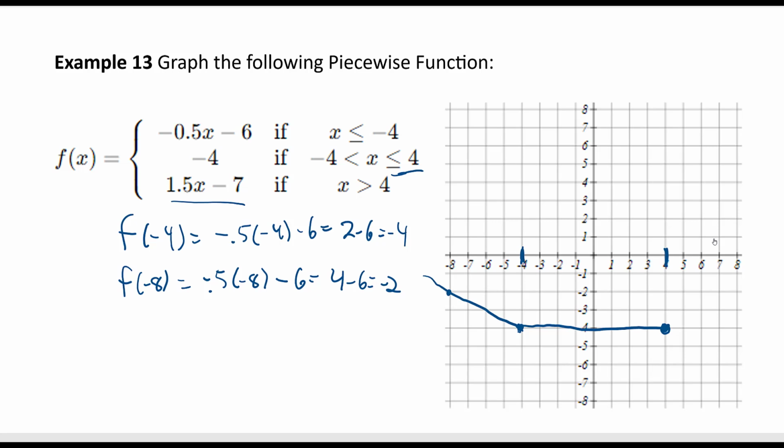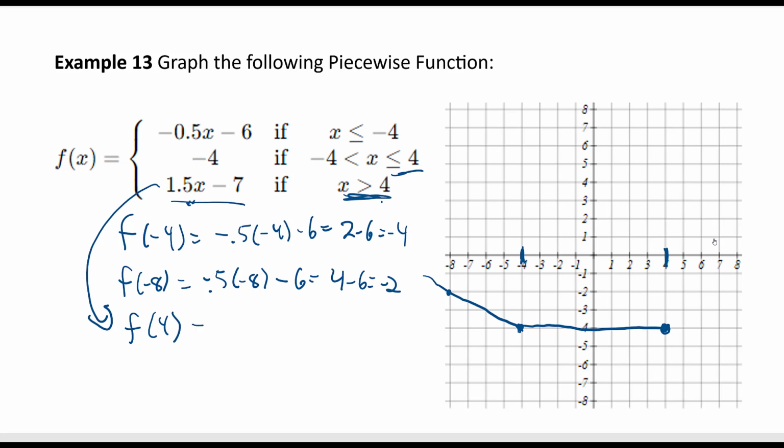Okay, for the last one, we're looking for x being greater than 4. So I'm going to put the boundary value in there. So f of 4, hate to say it this way, technically is -4. But I'm going to put this in here just to check, it'll be an open circle.